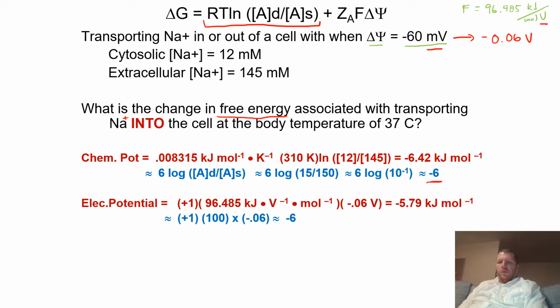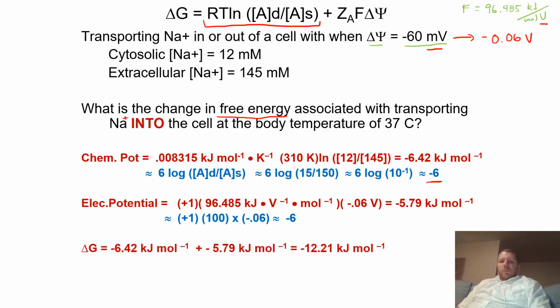Okay, so that also is going to be negative 6. So effectively delta G equals negative 6.42 kilojoules per mole plus negative 5.79 kilojoules per mole equals negative 12.21 kilojoules per mole, which is effectively the same thing as negative 6 plus negative 6 equals negative 12.